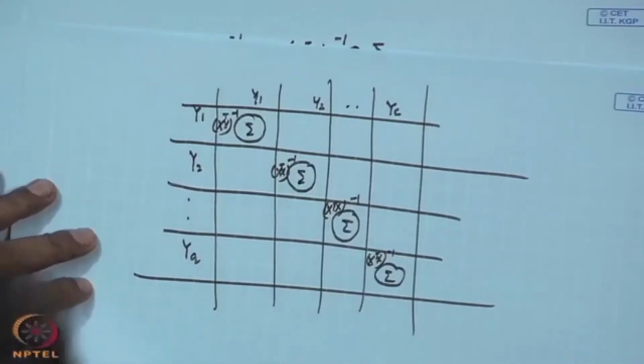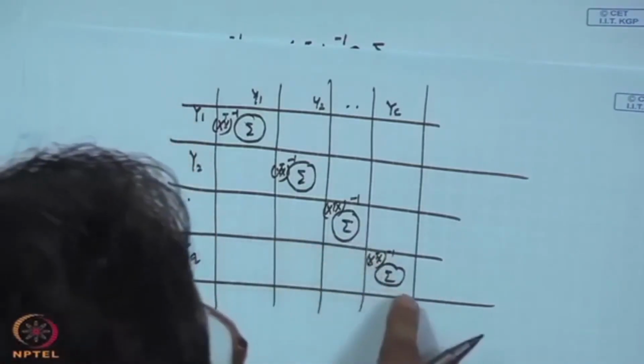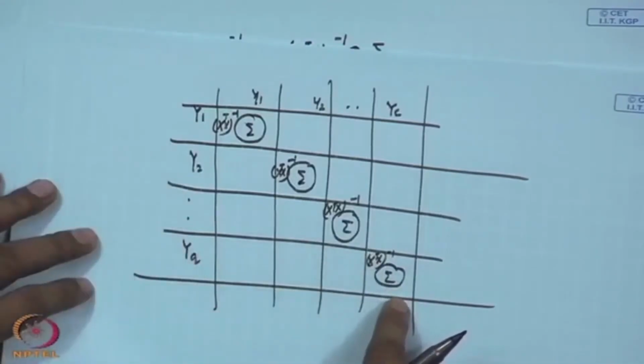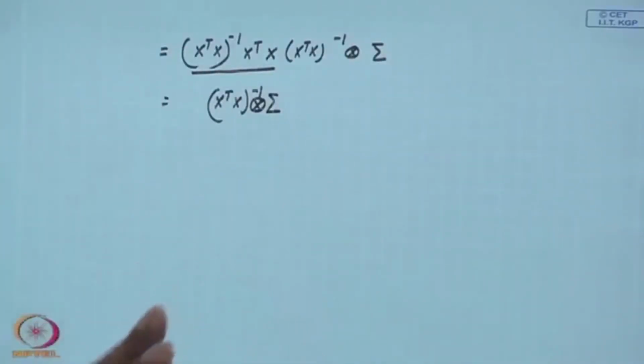Now think of the situation like this. Suppose we are talking about an individual y vis-a-vis x, then for the expected y value, every observation has the same sigma value.